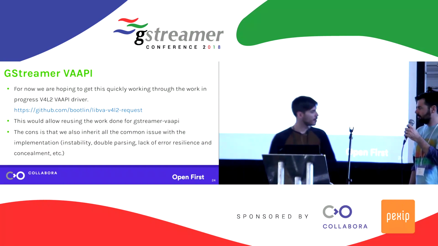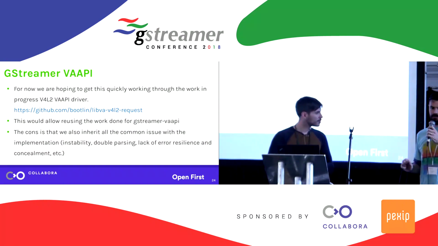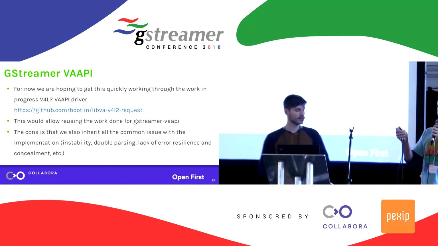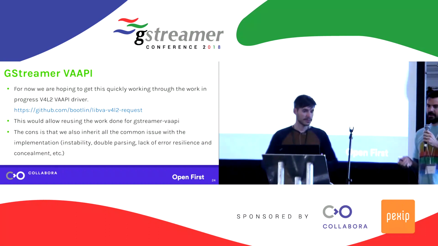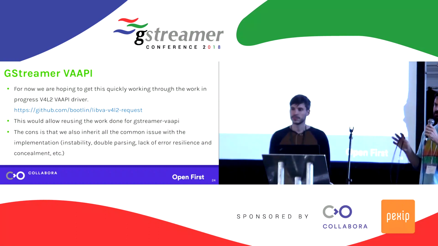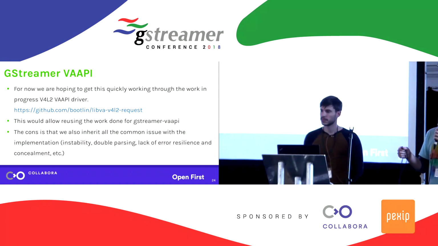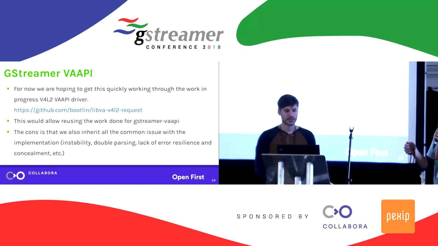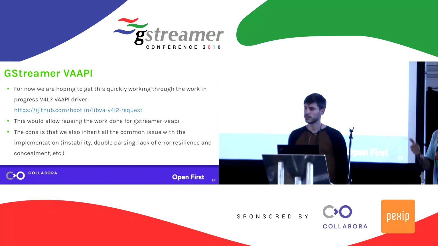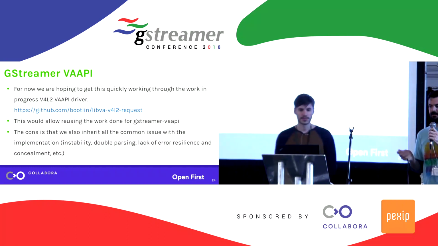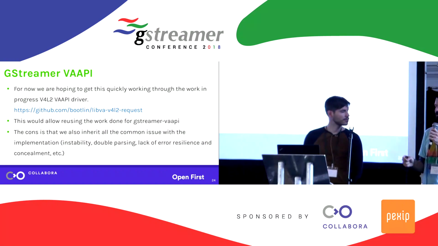Yes, when Nicolas says we, it's actually the V4L guys. We had this meeting on Tuesday, I think, and we considered all the options. We have decided officially that for the short term, the quickest way to get GStreamer, VLC, etc. working on these mobile things is going to be via VA-API.